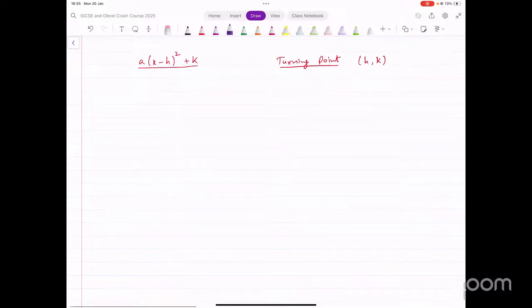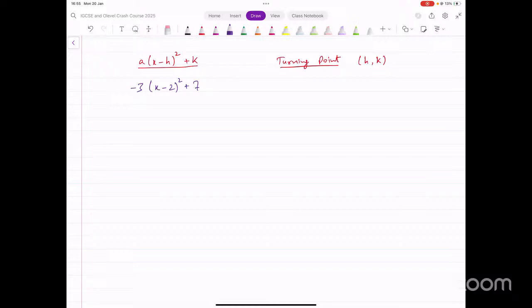How would you do that? Let's say you've got something like this: minus 3 into x plus 2 whole squared plus 7. Or let's use a slightly simpler form first of all. For the first example, minus 3 into x minus 2 whole squared plus 7.